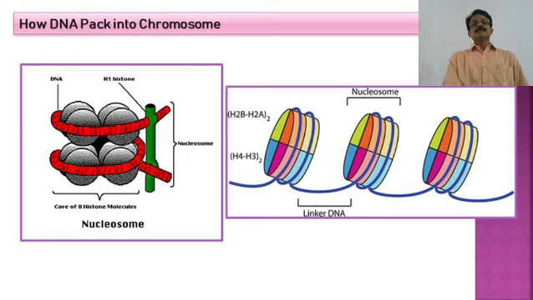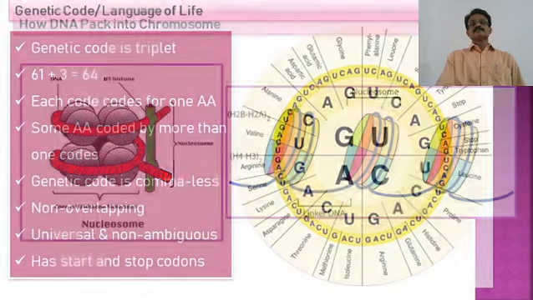This H1 protein attaches to the linker DNA and further compresses the structure, and finally you get the most coiled and supercoiled structure of the chromosome. So this is the process of forming the chromosome from the DNA, that is DNA packaging.